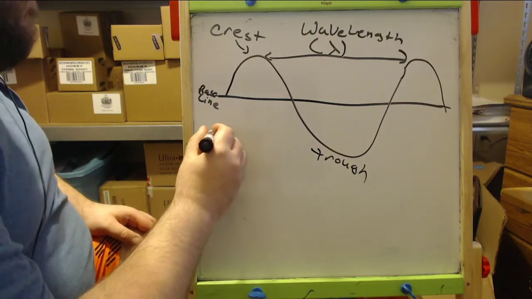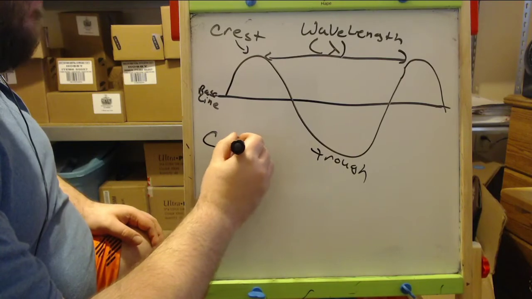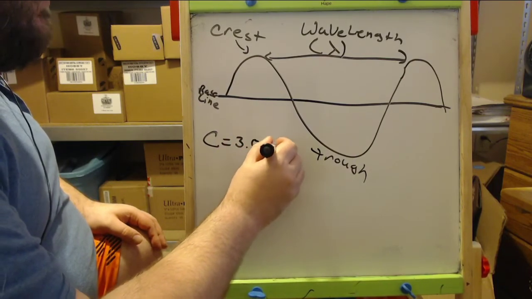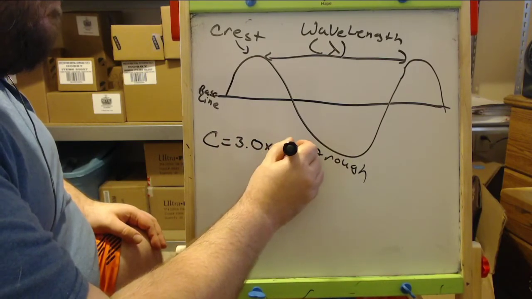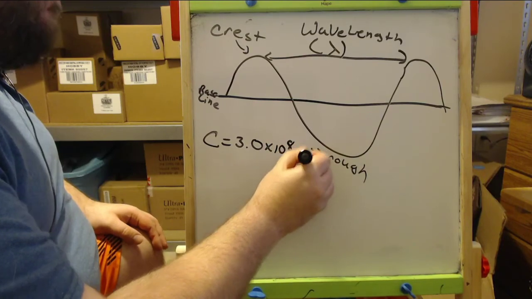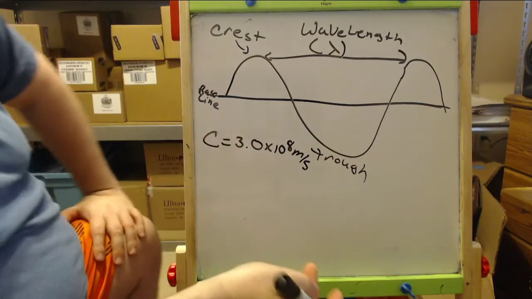Now, they all move at the speed of light, which is represented by c, 3.0 times 10 to the 8th meters per second, which is ridiculously fast.